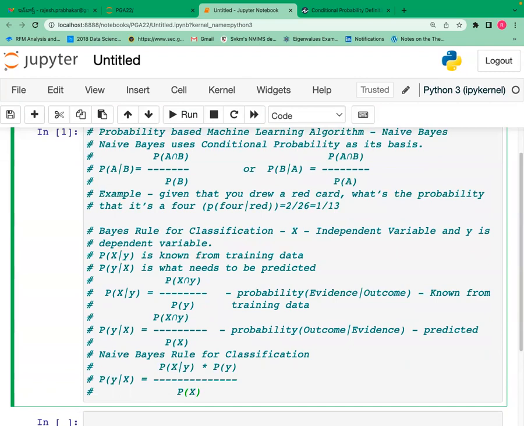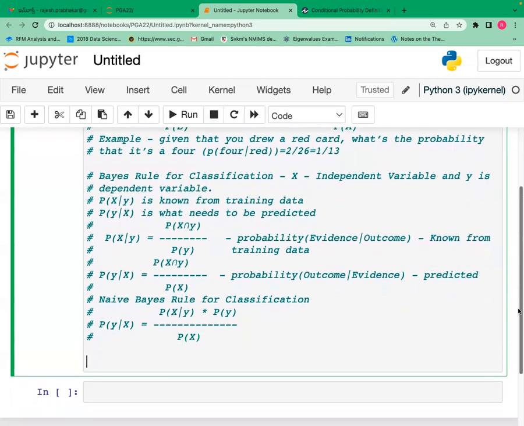This is when you have only one single variable in your data. But in real life, we will have multiple variables, right?